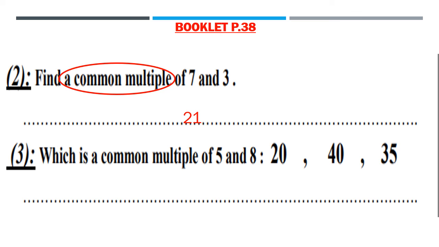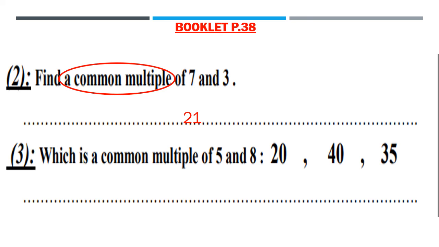Exercise number 3: which is a common multiple of 5 and 8? 20, 40, or 35? In this case, you can write some multiples of 8 and some multiples of 5, then choose a common multiple between them.